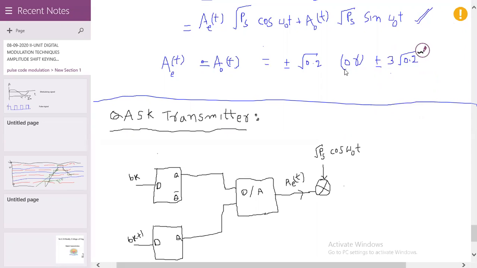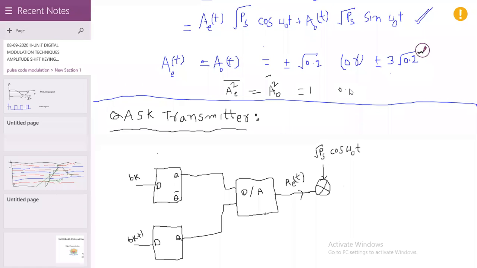In this case we find the AE square average. Here we can find AE square bar equal to A0 square bar equal to 1. That means plus or minus 0.2, plus or minus 3 into 0.2, 4 values for each one.